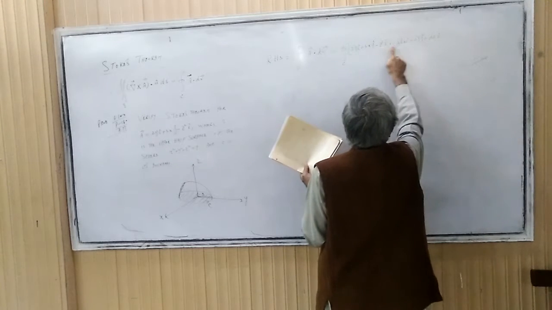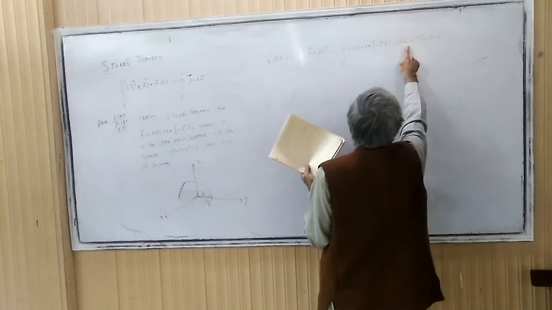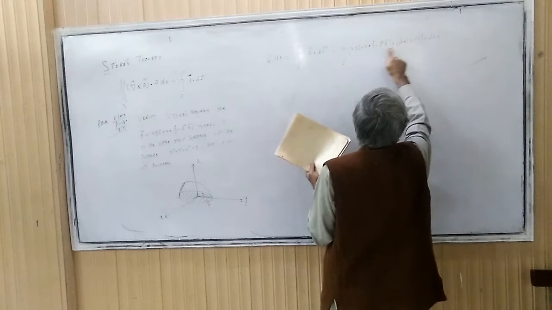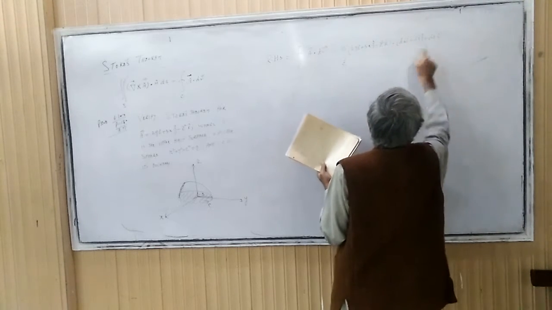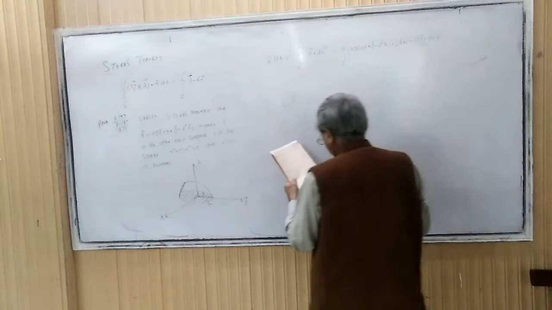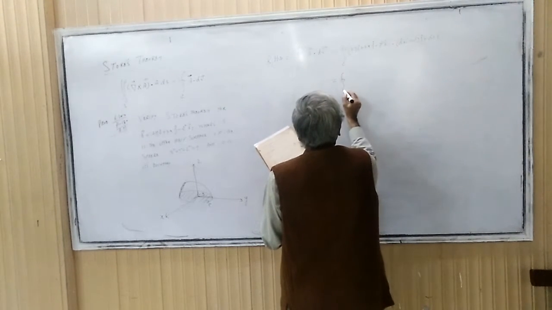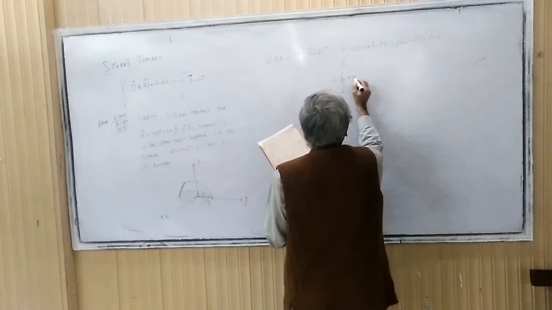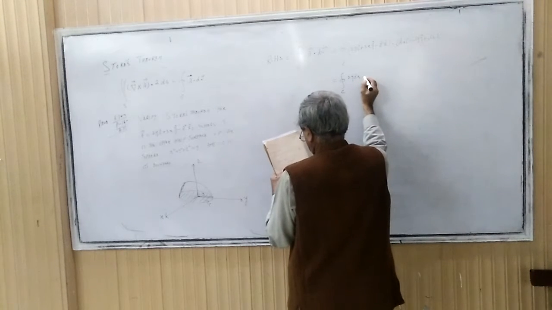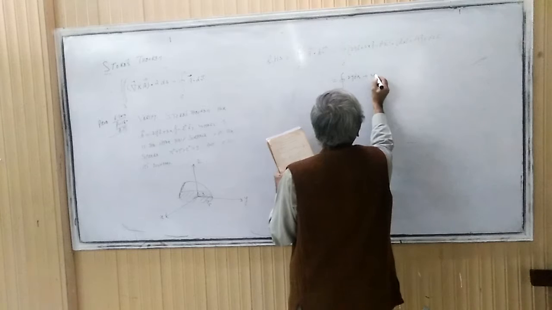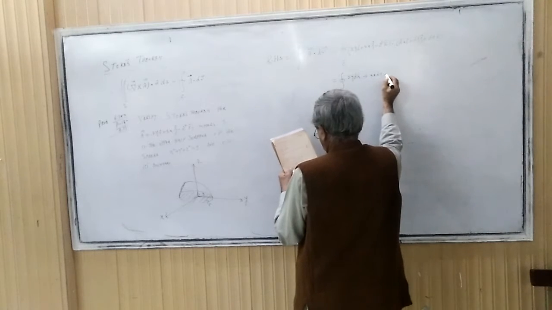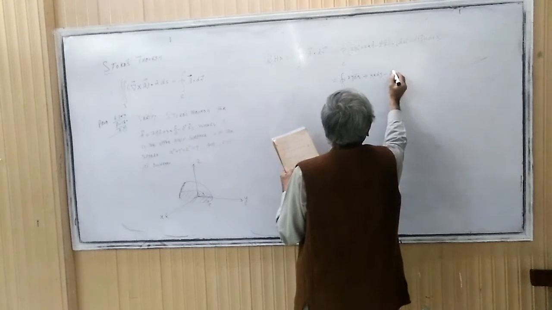And k dot i is 0, k dot j is 0, k dot k is 1, so you will be having minus z square dz. So the answer to this is the closed integral over C of 2y dx plus 3x dy minus z square dz.